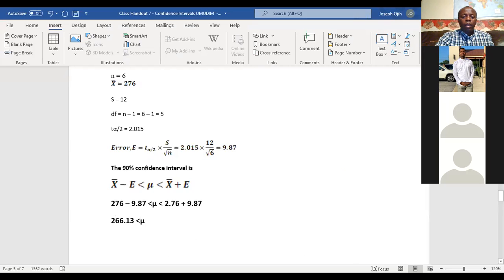Now on the right side, you add this one.